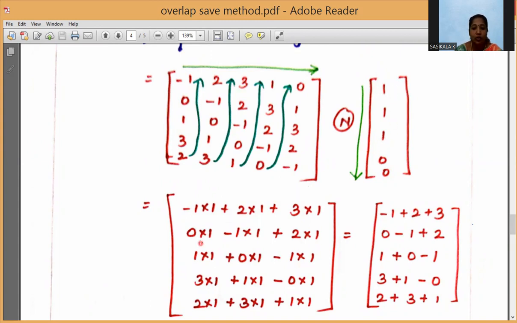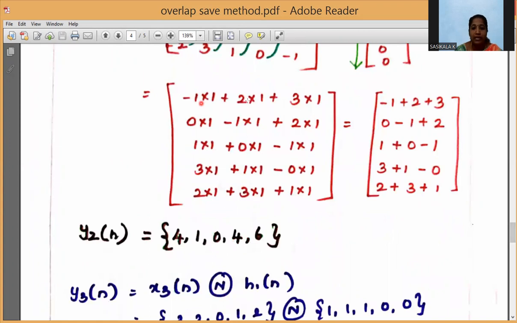And the second row, 0 into 1, minus 1 into 1, plus 2 into 1. Third row, 1 into 1, plus 0 into 1, plus minus 1 into 1. The fourth row, 3 into 1, plus 1 into 1, plus 0 into 1. Fifth row, 2 into 1, plus 3 into 1, plus 1 into 1.